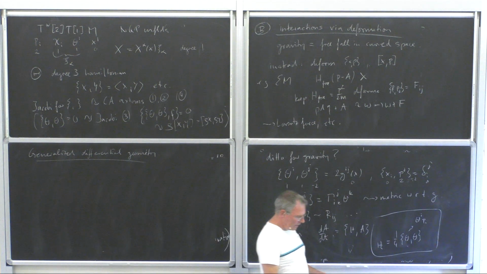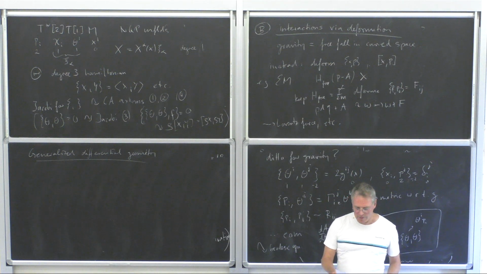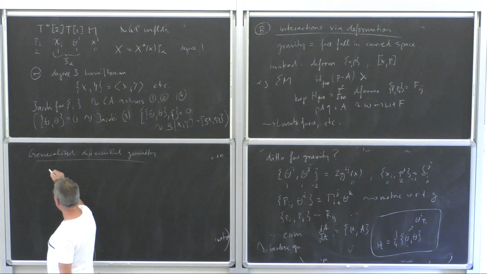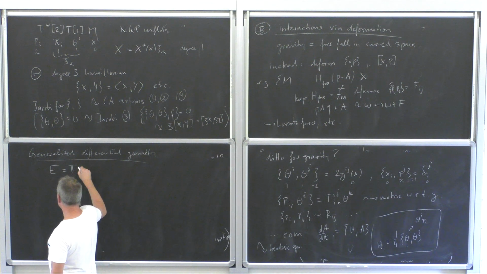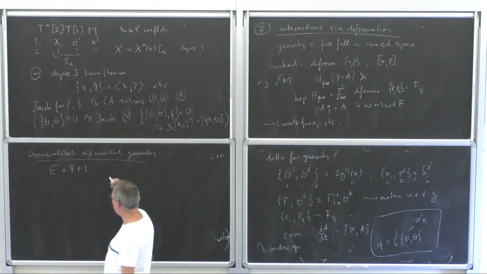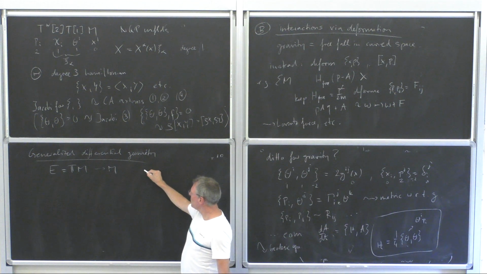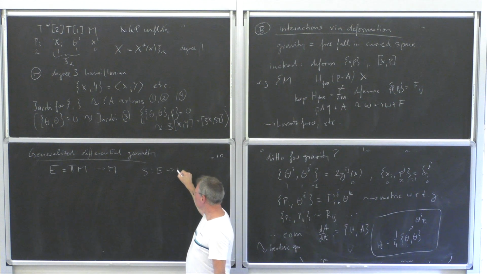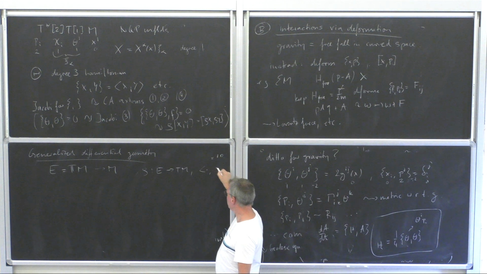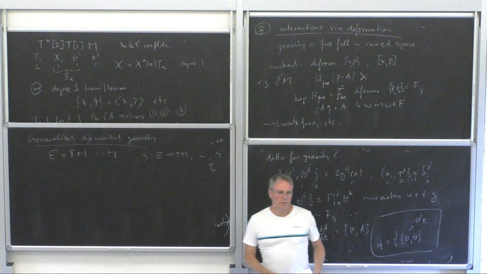I'm not claiming any novelty here. I'm just trying to take a pedestrian look at it and get the structures bit by bit. So we do want to have a generalized tangent bundle, which for simplicity we take to be the canonical one, T plus T star. We want to have an anchor. And we want to have a pairing, which is sometimes also called eta.